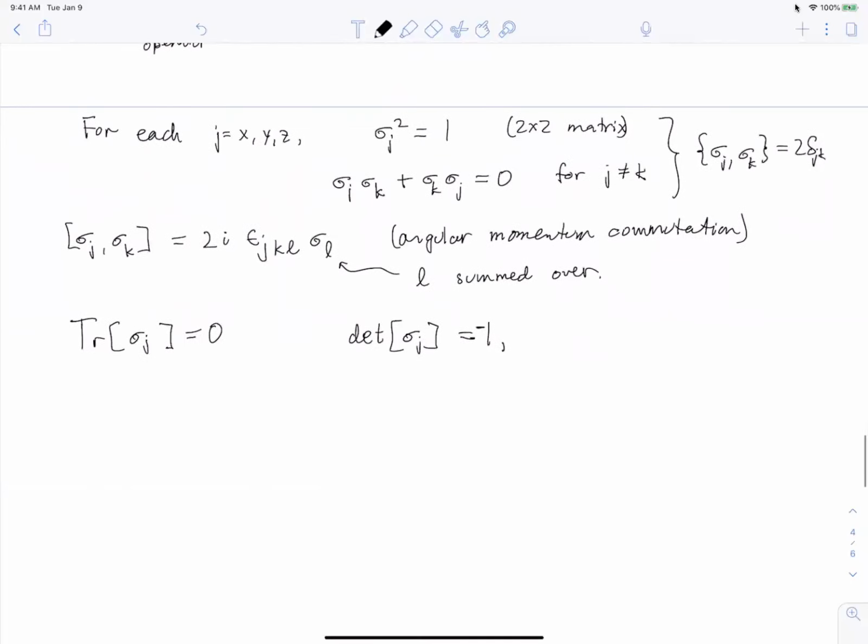And then you can do things like dot the vector of Pauli matrices into some other vector. So A here is just some ordinary vector. Now it could be an operator as well, but the key thing is it's not a matrix, and it's not an operator on the spin part of the Hilbert space.